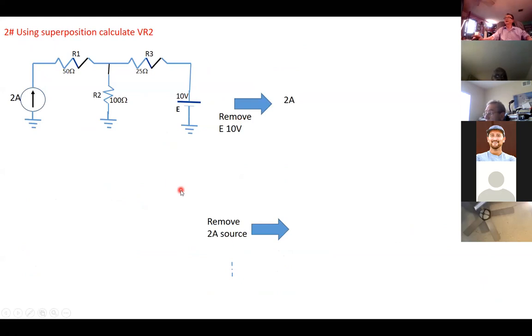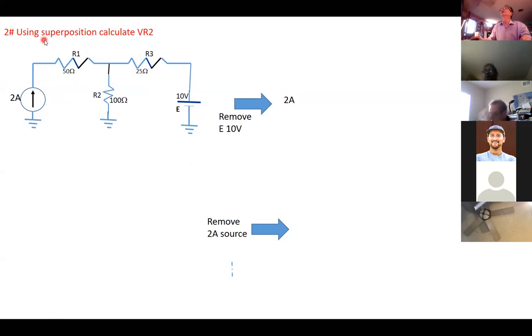Now you do it for me. I want to see how many people can do it. I already taught you what you need to do. You get two sources, 2 ampere and 110 volt.